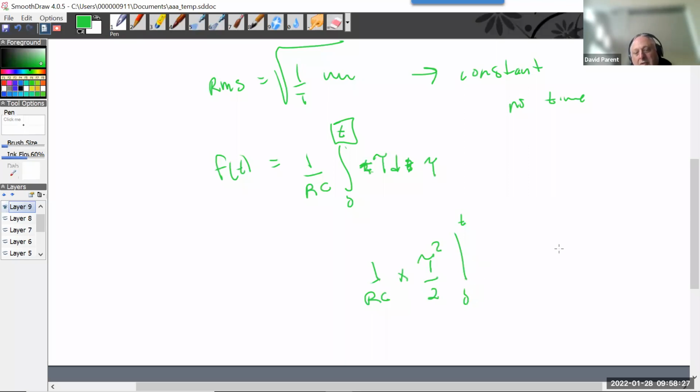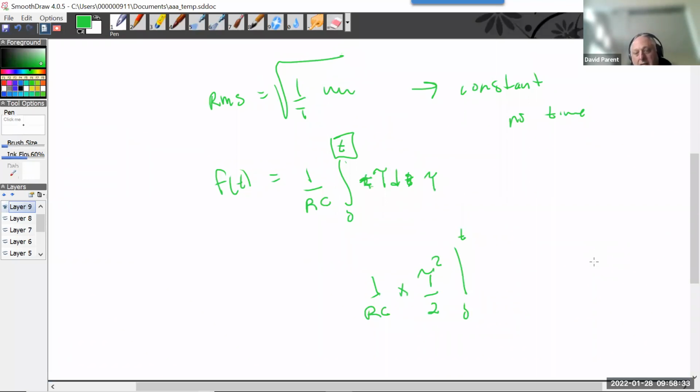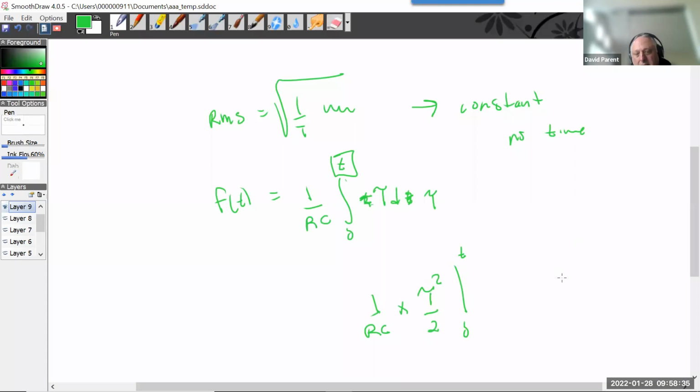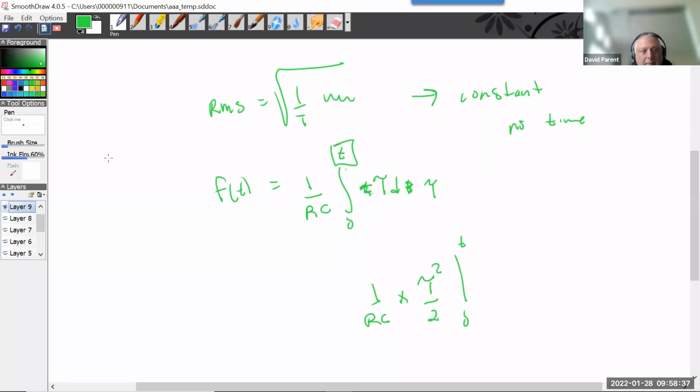And then I substitute. Then I get t, there's my function of t squared divided by 2 scaled by 1 over RC.